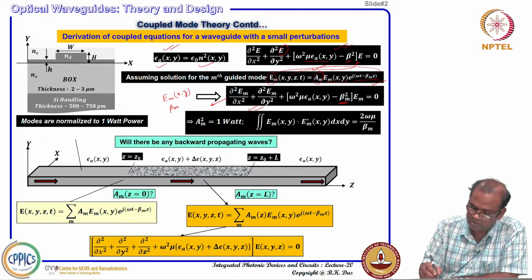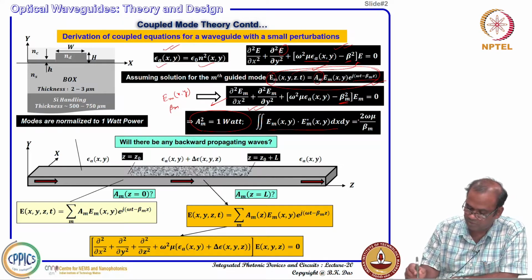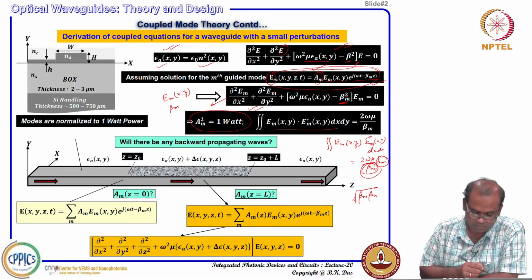Each of these modes you can normalize with a normalization constant A_m square to 1 watt, and then according to the orthogonality condition, the integral of E_m E_n star over x and y, dx dy, should be equal to 2 omega mu by beta_m times delta_mn. Sometimes, instead of beta_m, we can write the square root of beta_m beta_n, because when m equals n, ultimately it becomes beta_m. Otherwise, when m is not equal to n, it should be equal to 0. That is the Kronecker delta function.